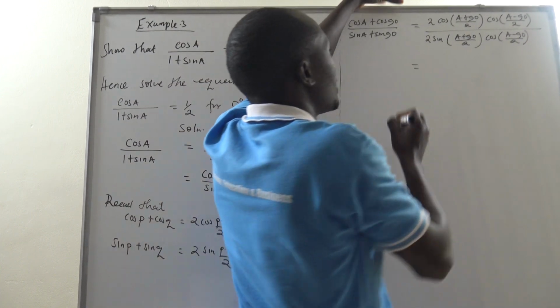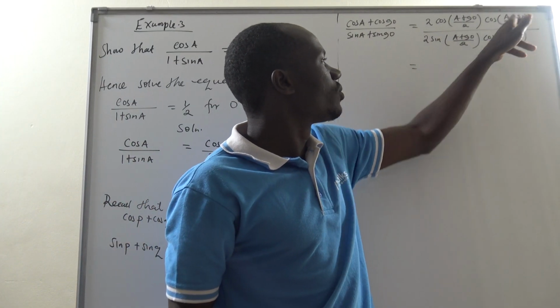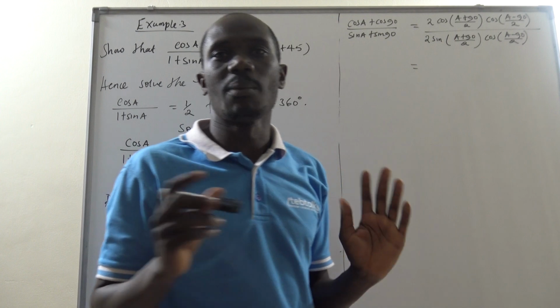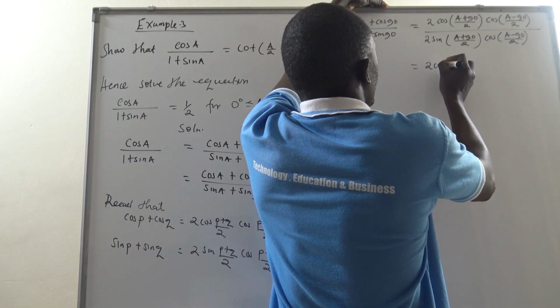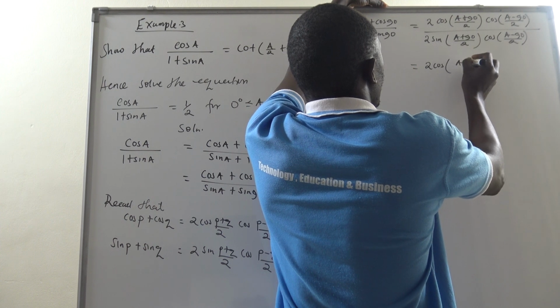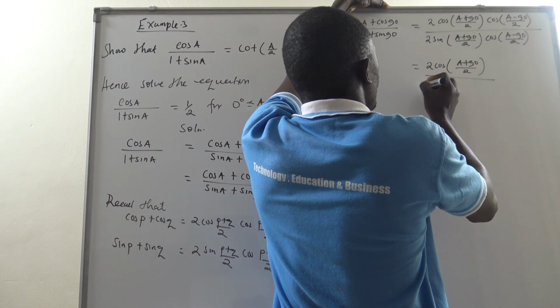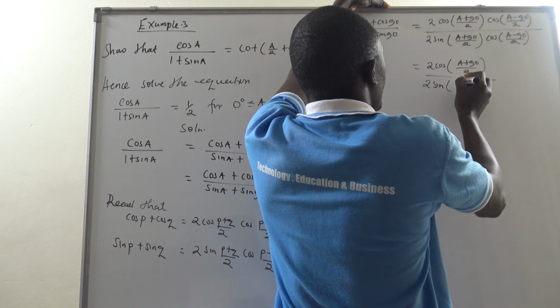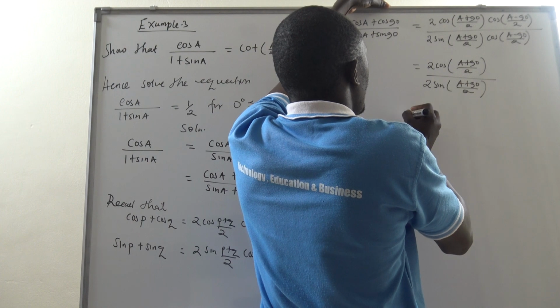So what does it become? By mere seeing, cos of (A minus 90) by 2 is the same on top and bottom, so this one disappears. We remain with 2 cos of (A plus 90) by 2 all over 2 sin of (A plus 90) by 2. The 2 goes.